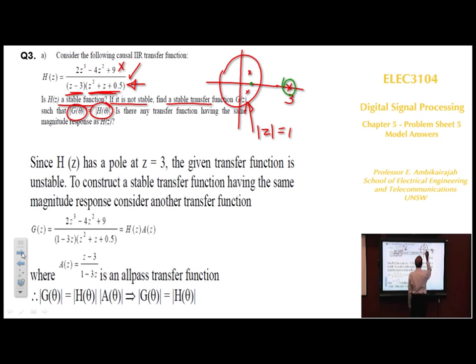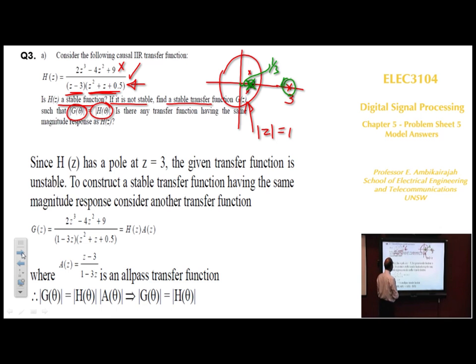So you must have a zero inside at 1/3. This is 1. If this is 3, you should have a zero at 1/3. So if you have a transfer function which has a zero at 3 and pole at 1/3, that's what the all-pass filter is. Then their magnitude response is the same.